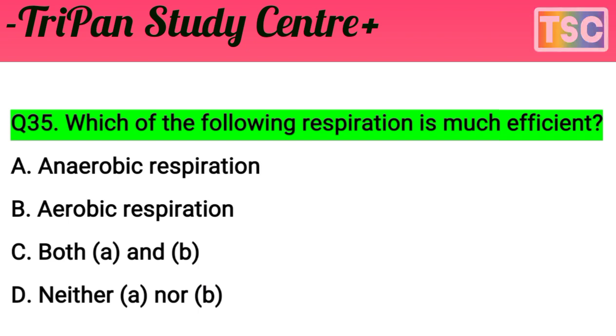It generates 36 ATP molecules per glucose molecule. It occurs in multicellular organisms like plants, animals, humans, etc. It means option B, aerobic respiration, is the more efficient.